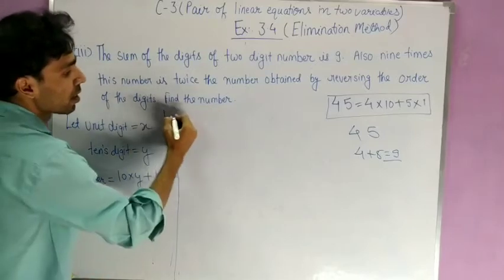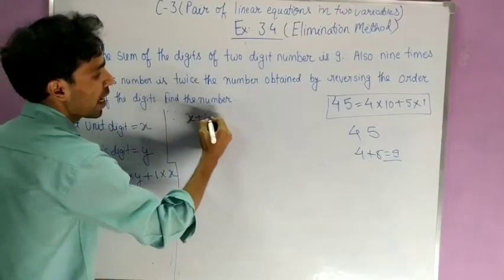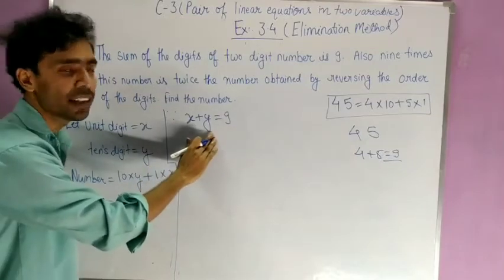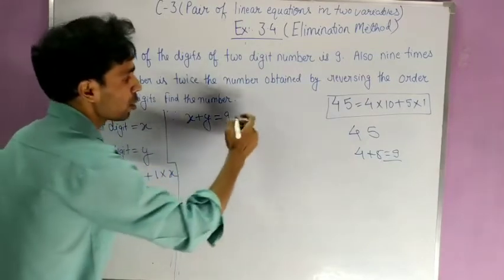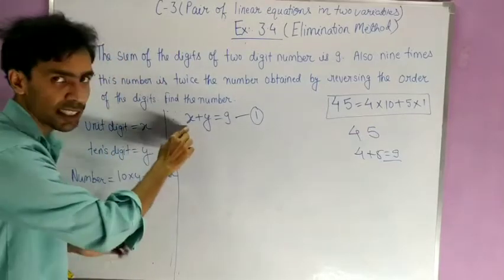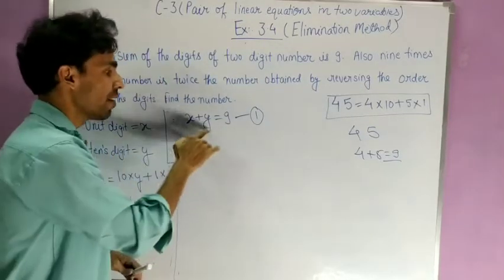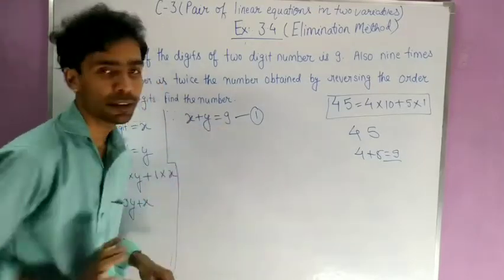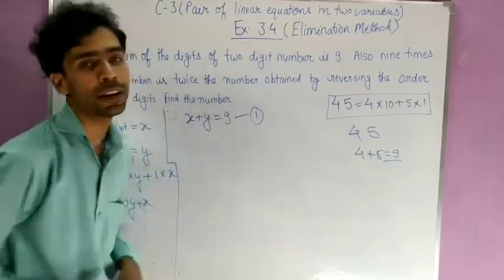It means x plus y equals 9, because one is the unit digit and the other is the tens digit. So this is our equation number 1.